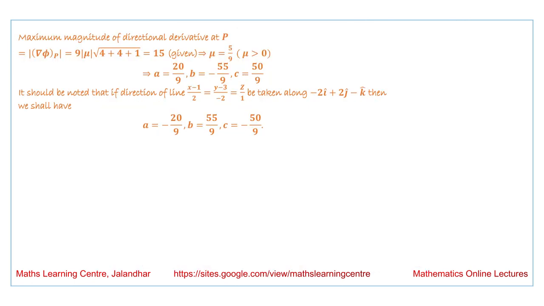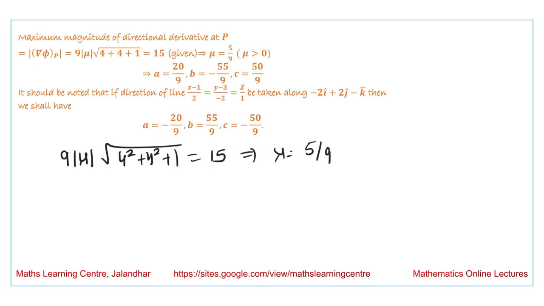If we calculate the magnitude of the gradient, we get 9 mod of mu times square root of 4 square plus 4 square plus 1, and this value is given to be 15. So from this we get mu is equal to 5 by 9.